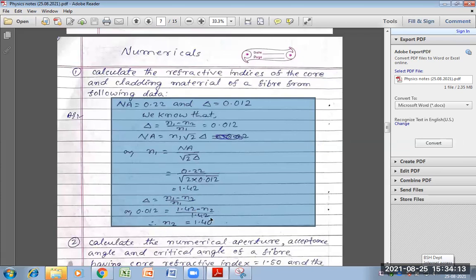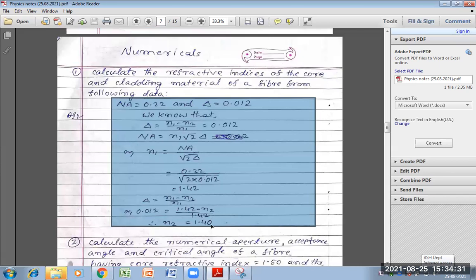Now we calculate n2 from this, which means the refractive index of the cladding.